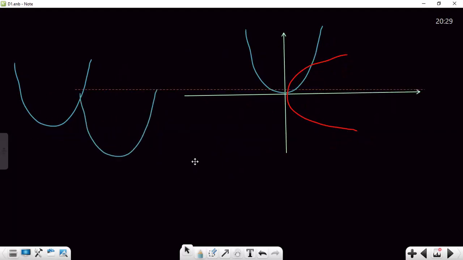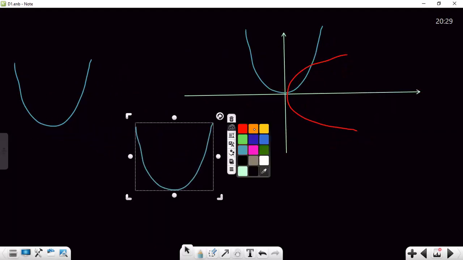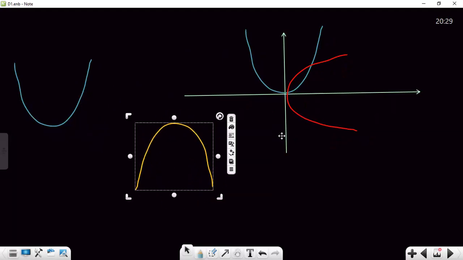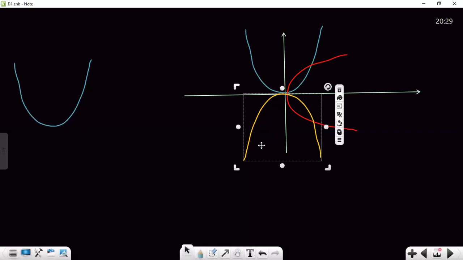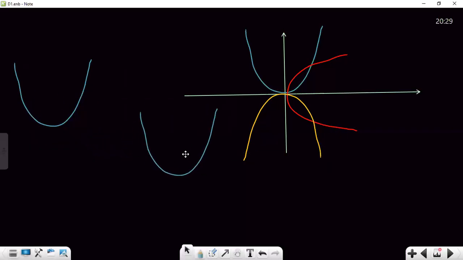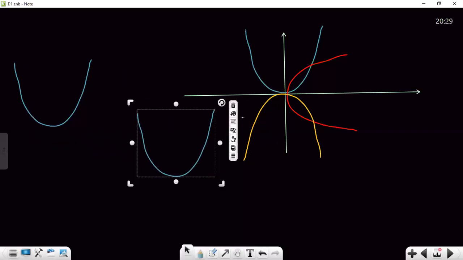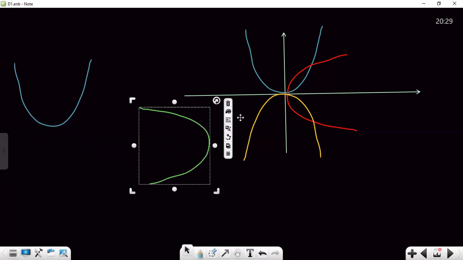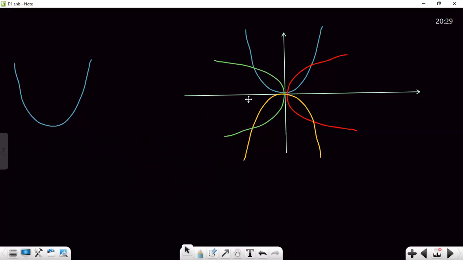I can make another parabola in yellow color, a downward facing parabola. I can draw another parabola in a third color, green, a leftward opening parabola. So these are all parabolas opening towards different directions.